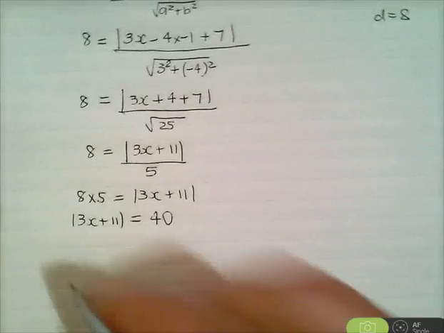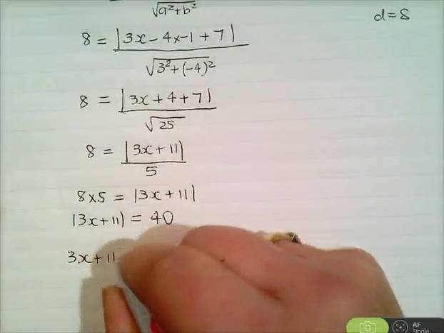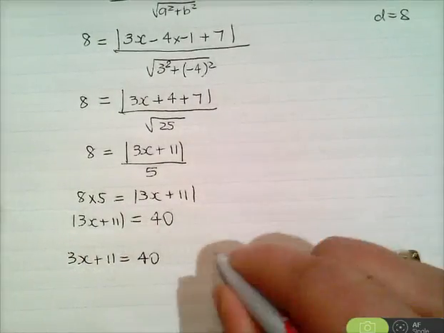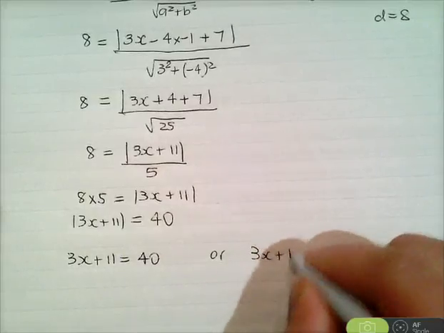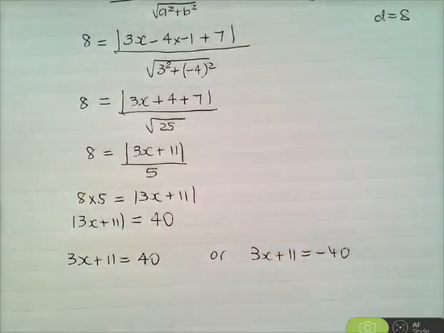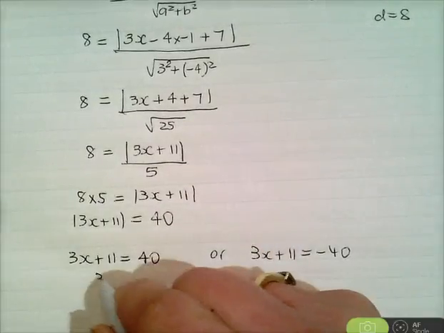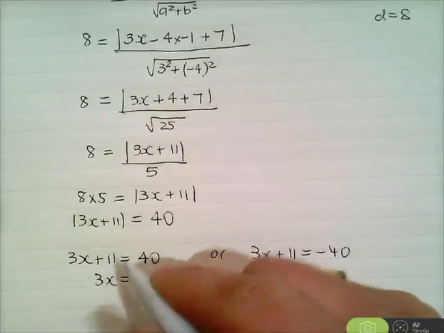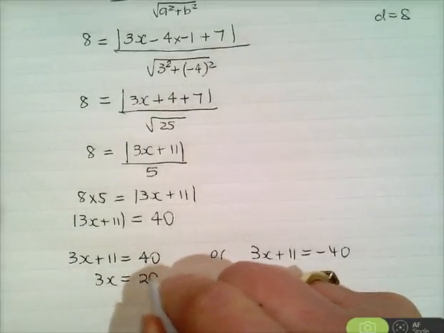So now we've got two cases here to solve. So either we've got that 3x plus 11 equals positive 40, or we've got that 3x plus 11 would equal negative 40. So solving this first one, we get that 3x is 40 minus 11, which is 29.